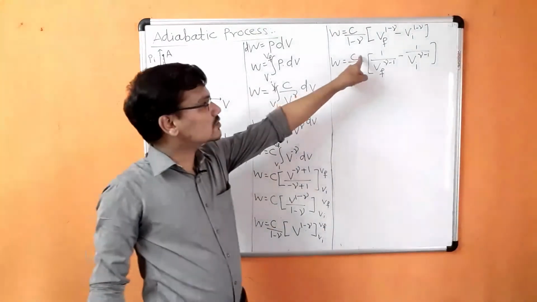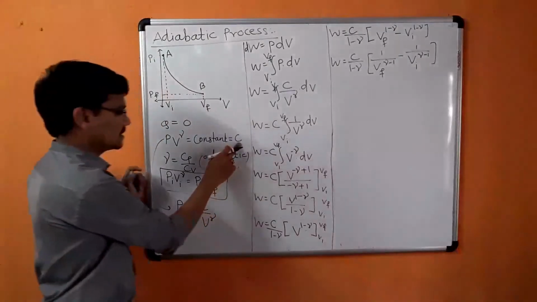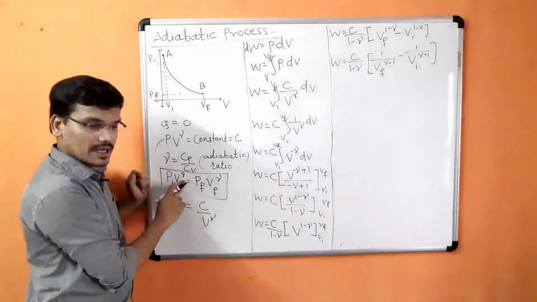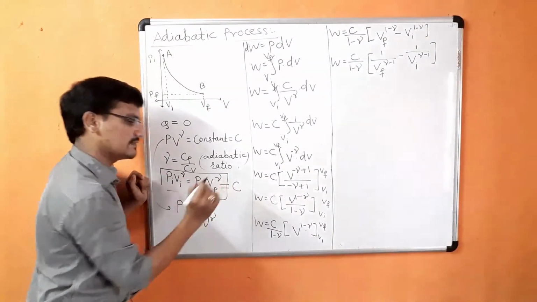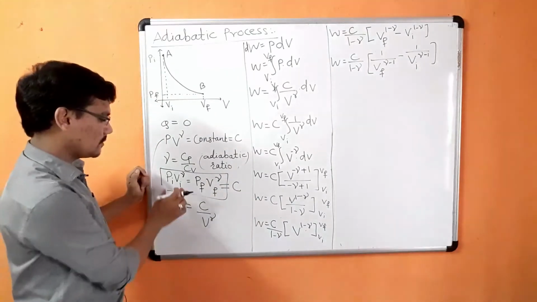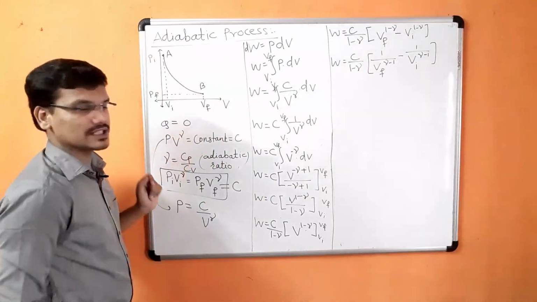Now this C is constant. PiVi raised to gamma equals PfVf raised to gamma equals C, which is constant. Therefore put the value of C in this equation.